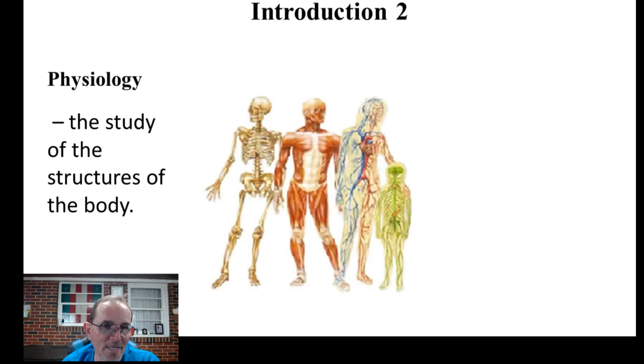There we go. The flip side of that is the study of the actual functioning of the body. I know that says structures, but that's actually wrong. I'll correct that. It's what they do, and structure and function are really tied together. There's a reason why a hammer is shaped like it is and a screwdriver is shaped like it is.